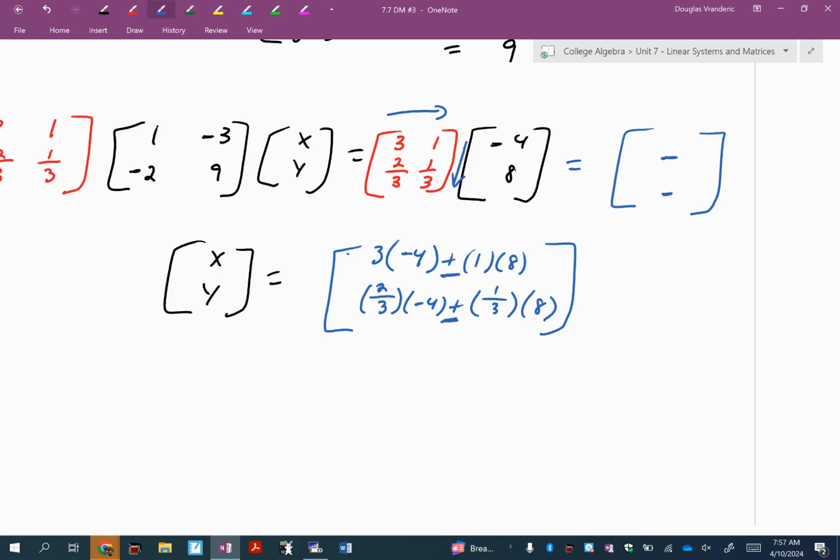The first one, I'm not going to use the calculator because it's all whole numbers. So that's -12 plus 8. -12 plus 8 is -4. My second one is going to be 2/3 times -4 plus 1/3 times 8.